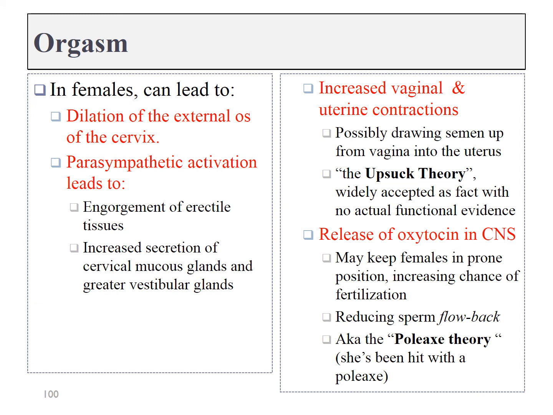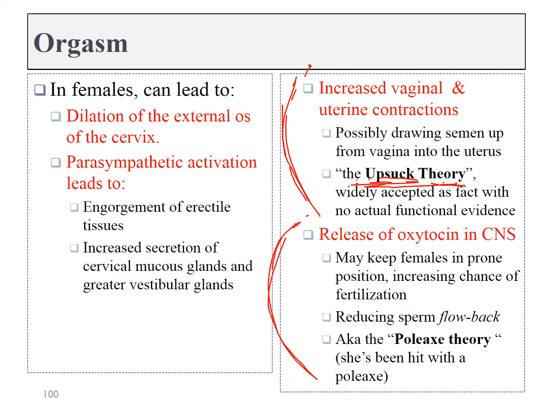There are two major theories. One, maybe that reverse peristalsis helps to pull semen up through the vagina into the uterus and up the fallopian tubes. This is known as the upsuck theory, but there's just no scientific evidence in humans that a woman experiencing an orgasm will have an increased chance of being impregnated during heterosexual intercourse.